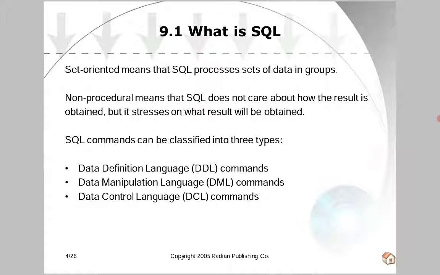Second one is data manipulation language, DML. It is also used to manipulate. Manipulation means data management. Data management means insertion of records, deletion of records, updation of records, searching for records, and retrieving different records from the databases.